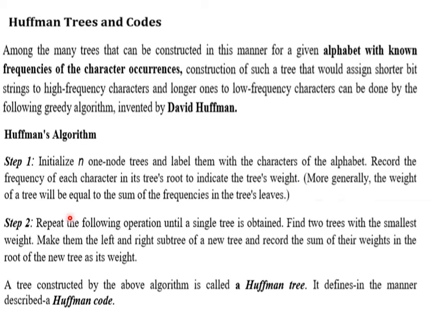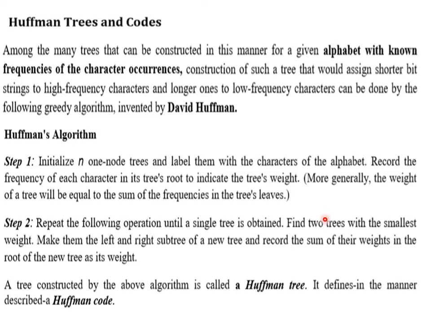More generally, the weight of a tree will be equal to the sum of the frequencies in the tree's leaves, so that we will see. That is a tree containing one root with one left and one right child.